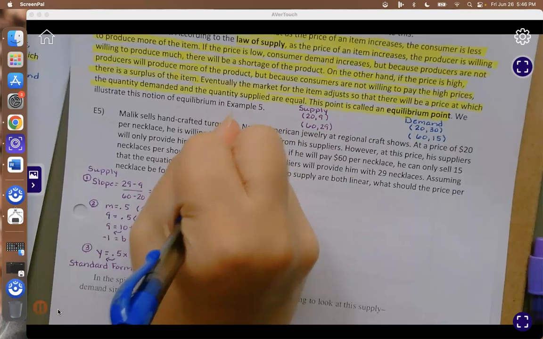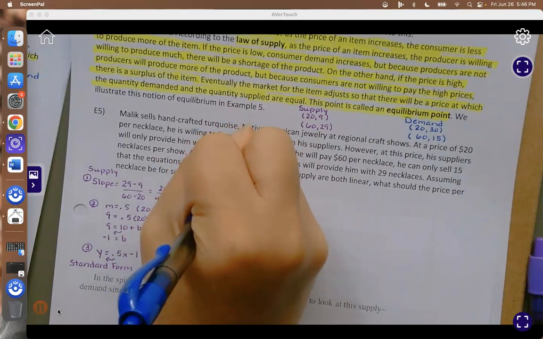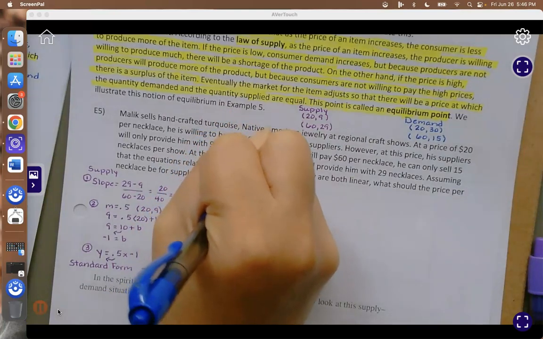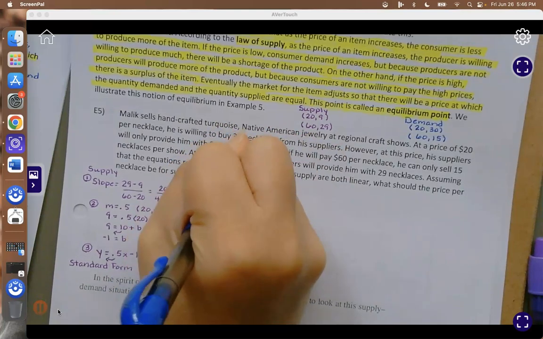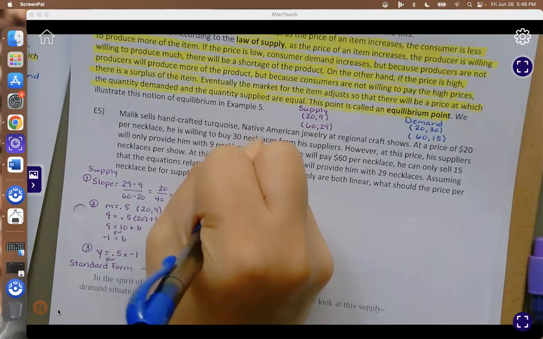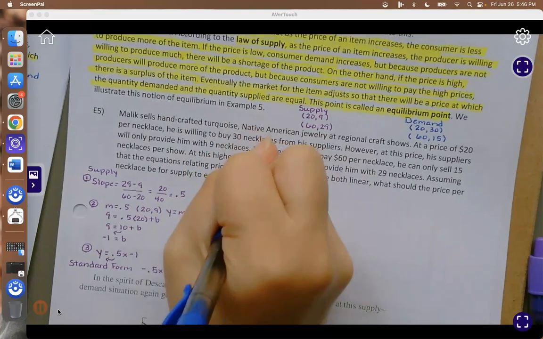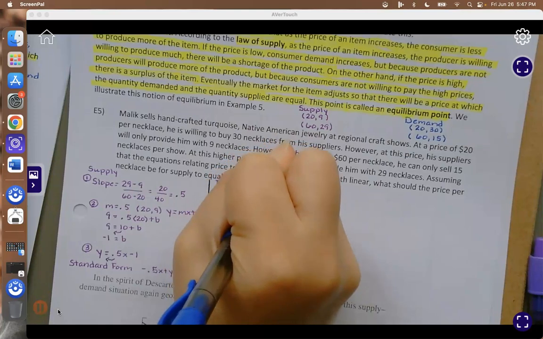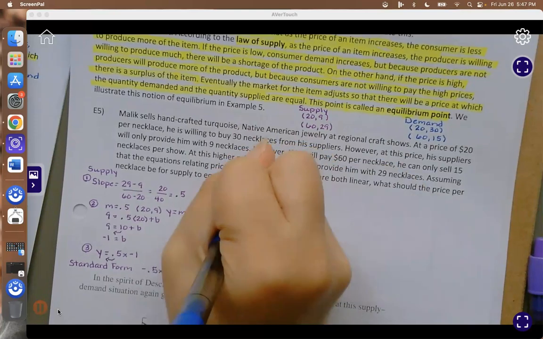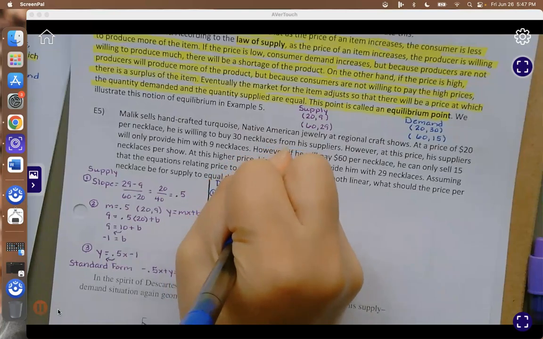Now we're going to do our demand equation. So first thing we're going to do is our slope. So that's going to be 15 minus 30 over 60 minus 20.